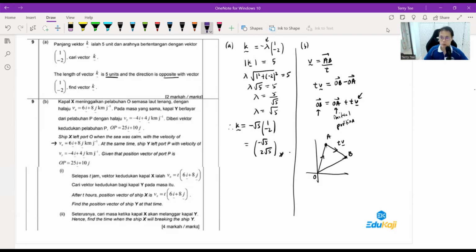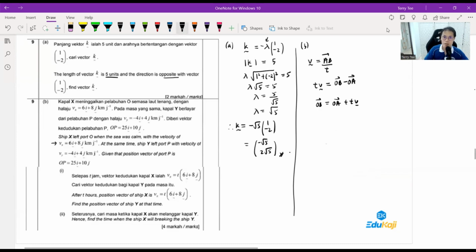So at T equals 1, starting from point A, it may be here. At T equals 2, it may be here. T equals 3, it may be here. T equals 4, it may be here, and so on. So B is a moving point. As time goes by, the position B changes, right? So OB represents the position vector of your boat, or in this case, your ship. So you need to know how to use this formula.